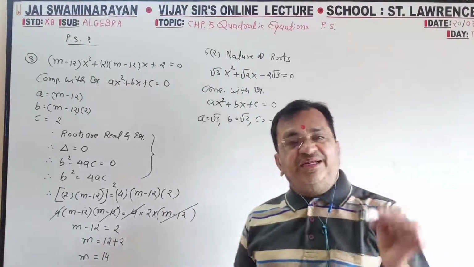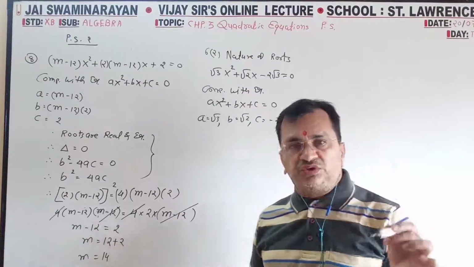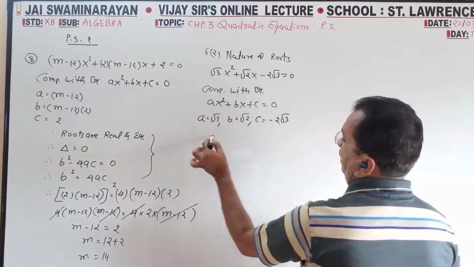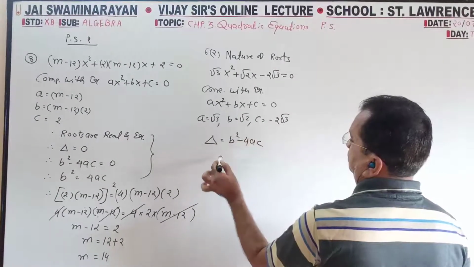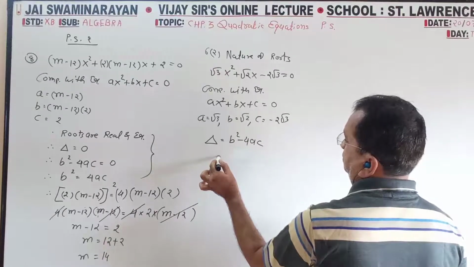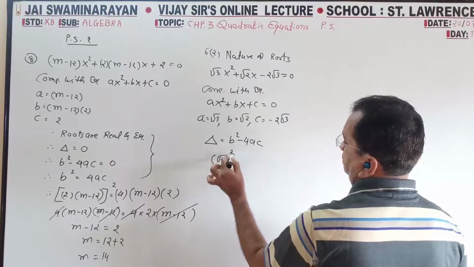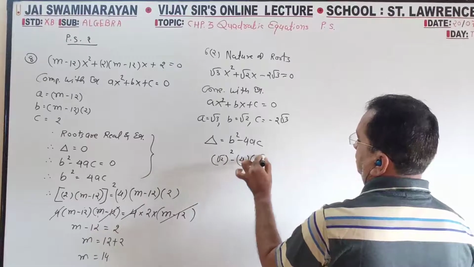To find the nature of roots, you have to find out the discriminant value. So b square minus 4ac.